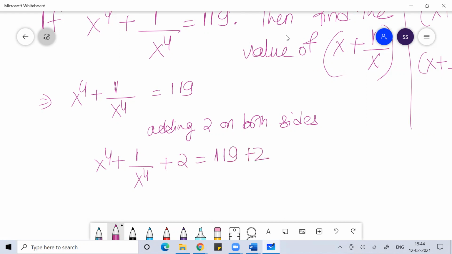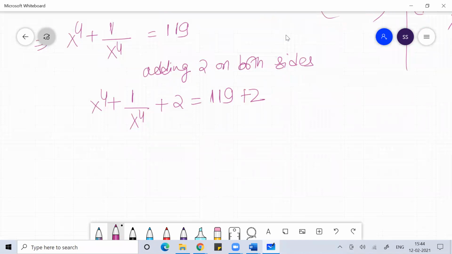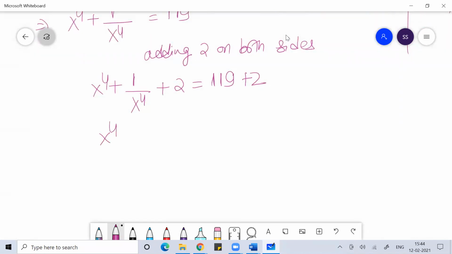Clear, everyone? So I can write x to the power 4 plus 1 by x to the power 4 plus 2 is equal to 121. Any doubt?